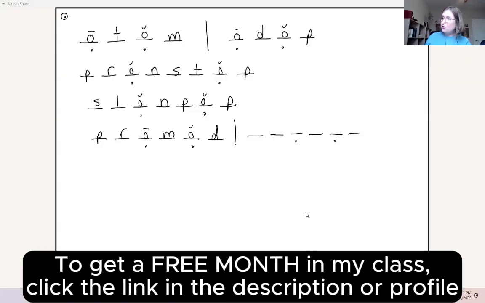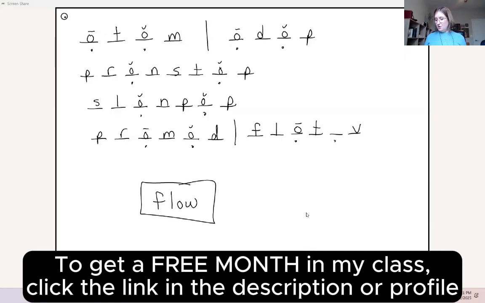So to correctly spell "flotov," consonants we have F, L, O, T, A, V. For the O sound, I can put an O right here and leave it, even though you probably know how to spell this word. Even though this says "flow" when it's by itself, it's not how you spell that sound in this word.